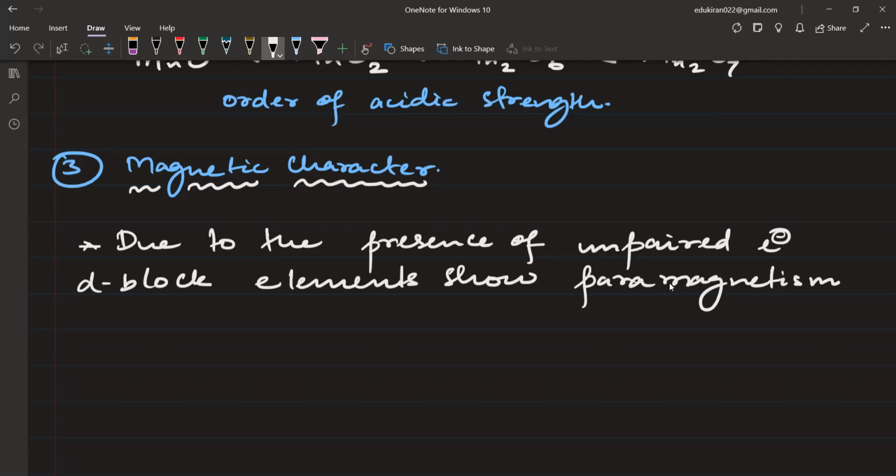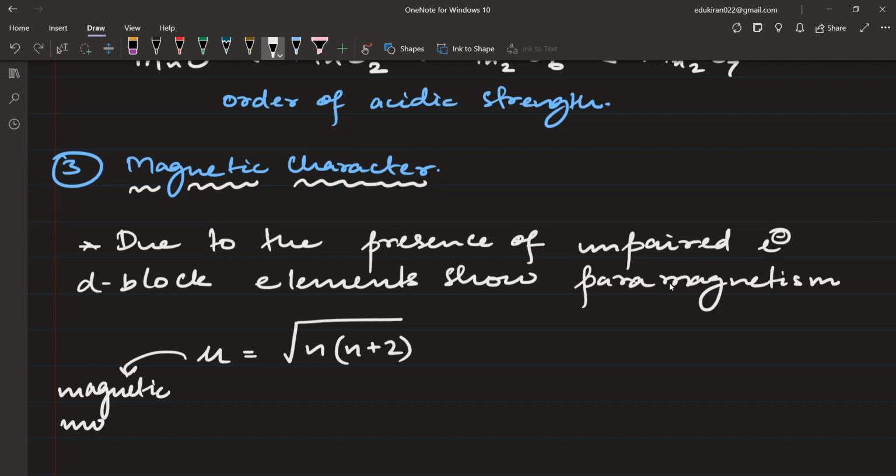Okay, and the formula for magnetic moment mu is equal to root under n into n+2. What is this mu? It is magnetic moment. What is n?